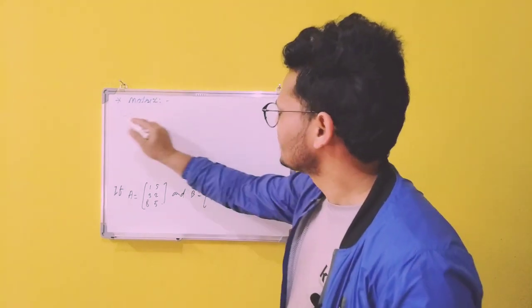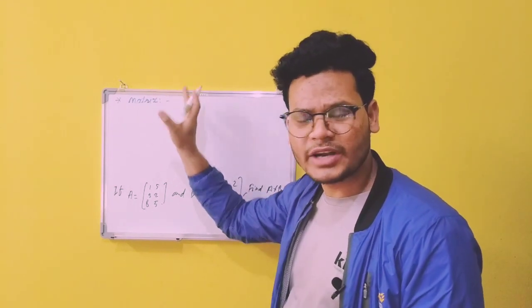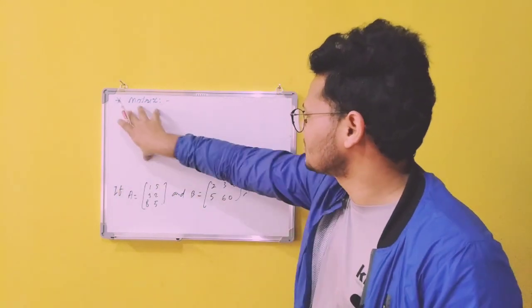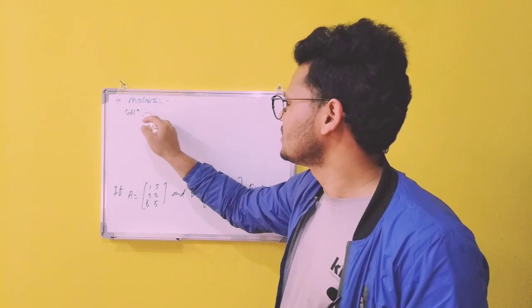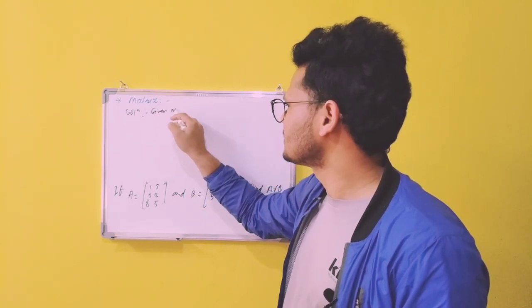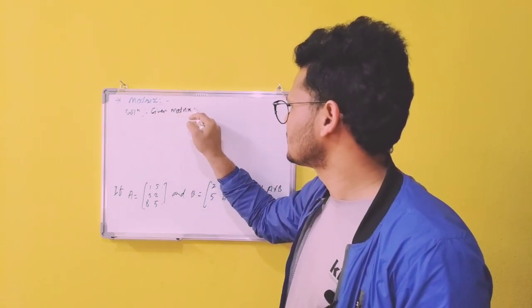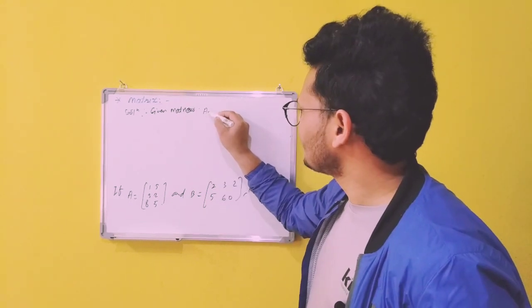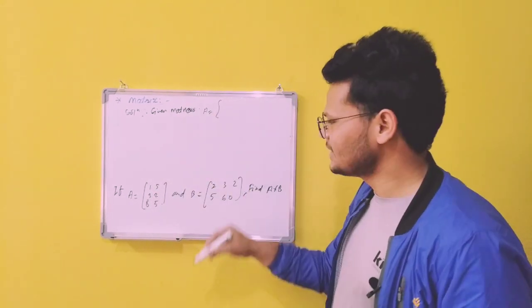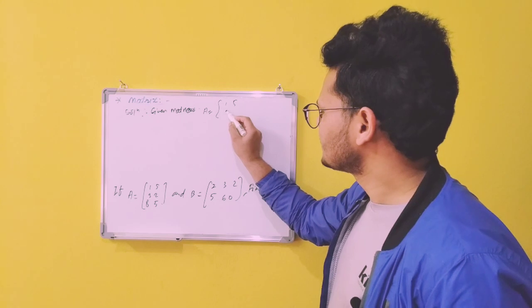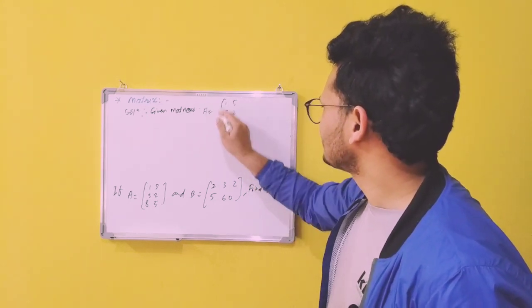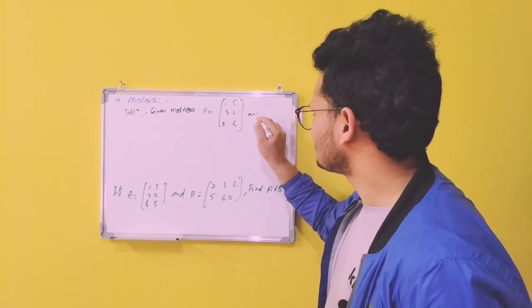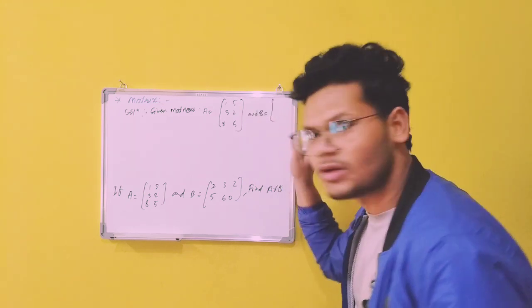Now, I told you first of all what to write. You have to copy the given data in the solution. So, solution: given matrices. A is equal to 1 5 3 2 8 5, just copy that matrix, and B is equal to 2 3 2 5 6 0, just copy that value, right?